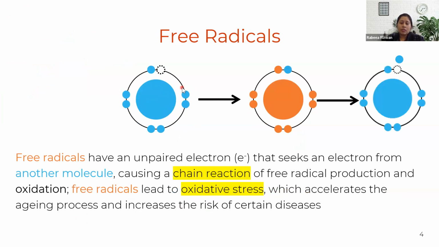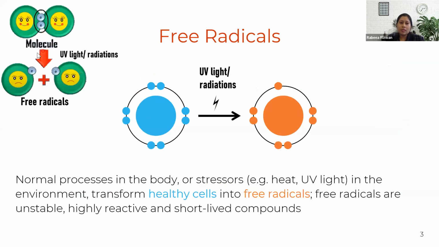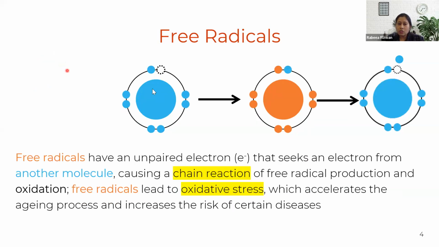And this procedure is called a chain reaction. How? The normal cells have become free radicals. Now they require more electrons to become stable. So these unstable atoms take one more electron from another healthy cell to become stable.